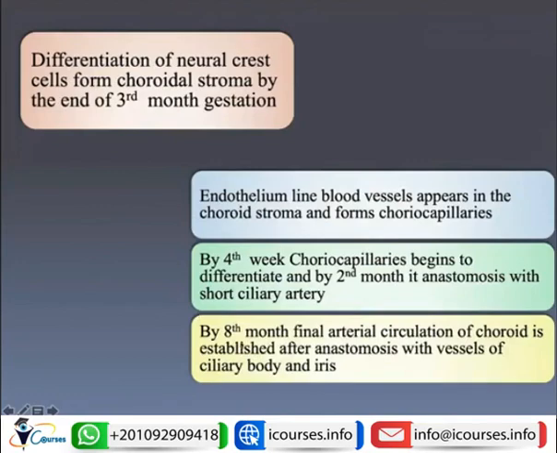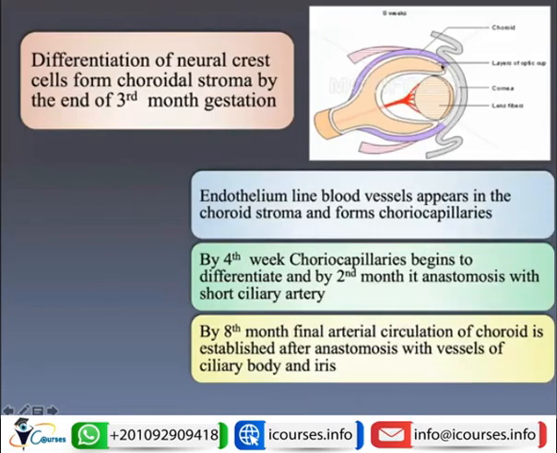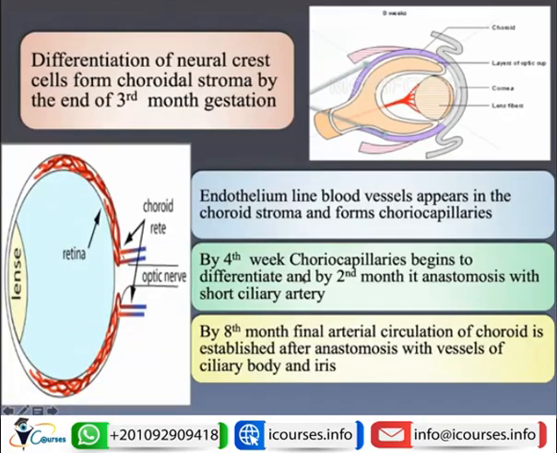Differentiation of the neural crest will form the choroidal stroma by the end of the 3rd month of gestation. While the endothelium lining the blood vessels appears in the choroidal stroma and forms choriocapillaries.